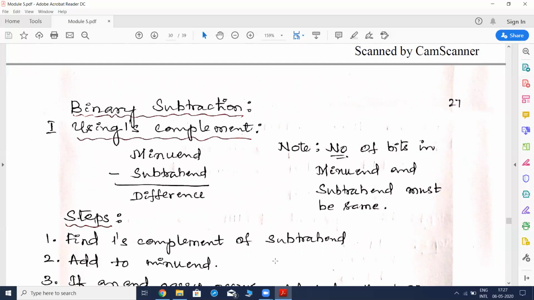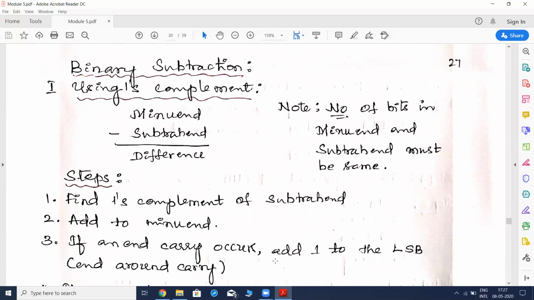Okay, so now let us see binary subtraction. There are two methods over here: 1's complement subtraction as well as 2's complement subtraction. First let us see the 1's complement subtraction, and here you must note that the bits in the minuend and subtrahend must be the same.